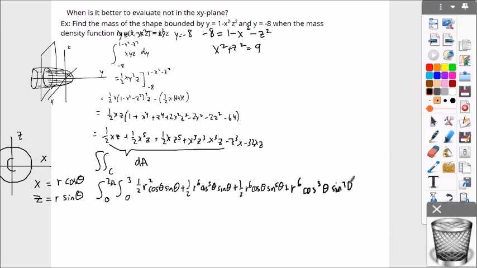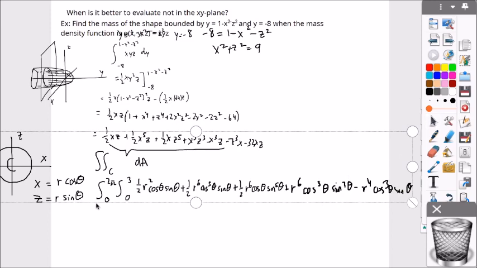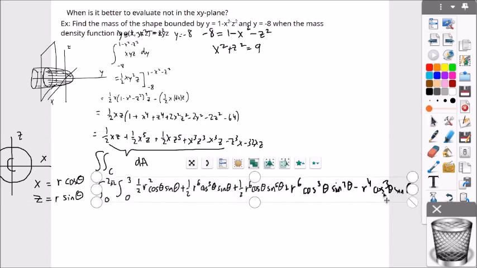Minus r to the 4th cosine to the 3rd sine, and then we need to shrink this one once again.